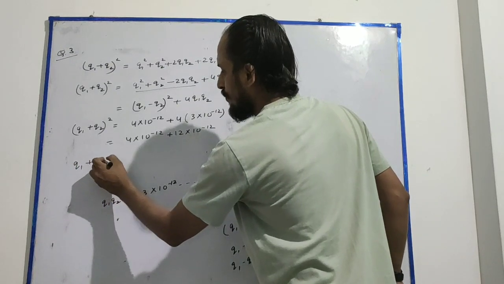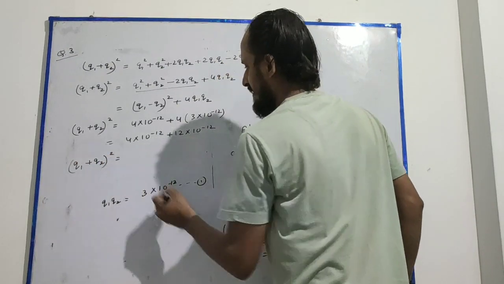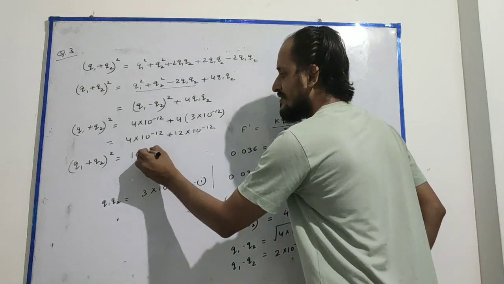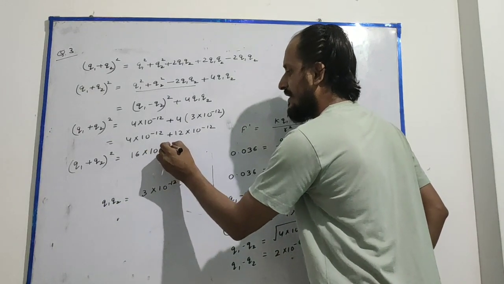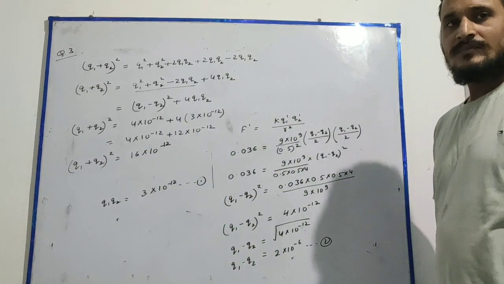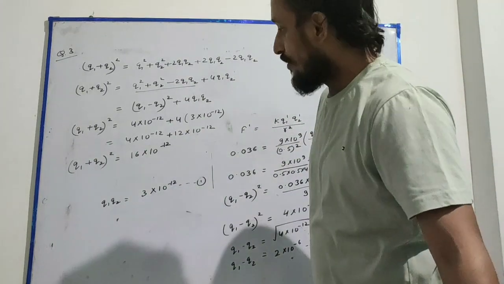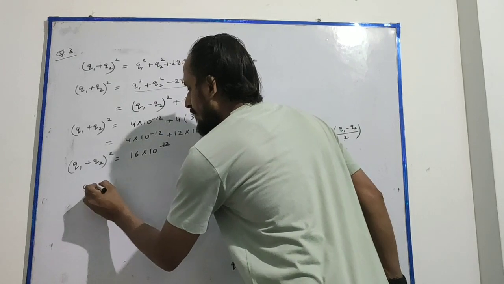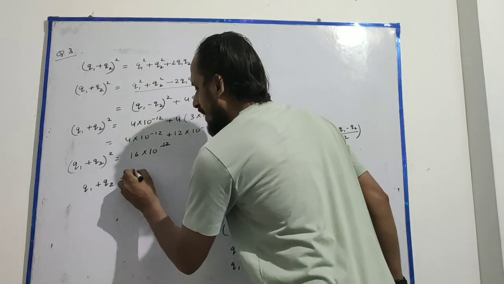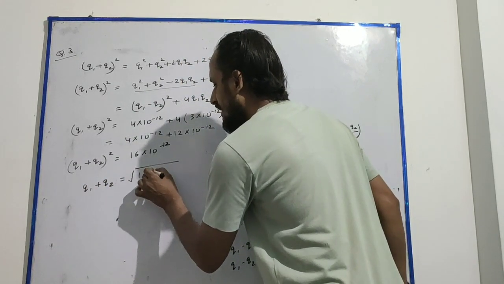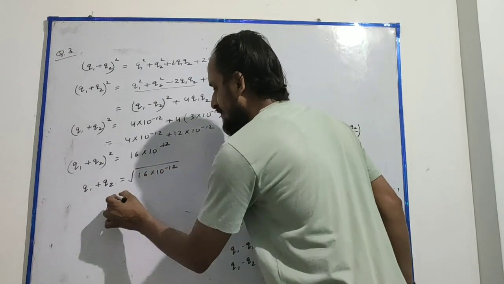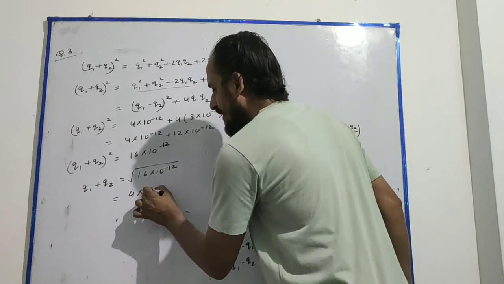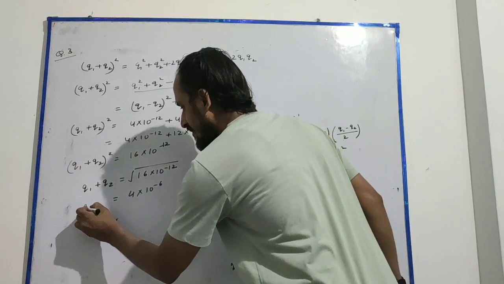(Q1 plus Q2) whole square is equal to 16 into 10 raised to the power minus 12. So now if you calculate the value of Q1 plus Q2, Q1 plus Q2 is equal to the root of 16 into 10 raised to the power minus 12. You will get 4 into 10 to the power minus 6.